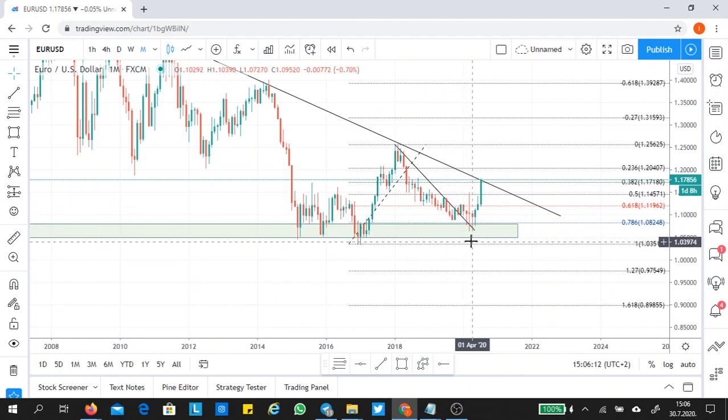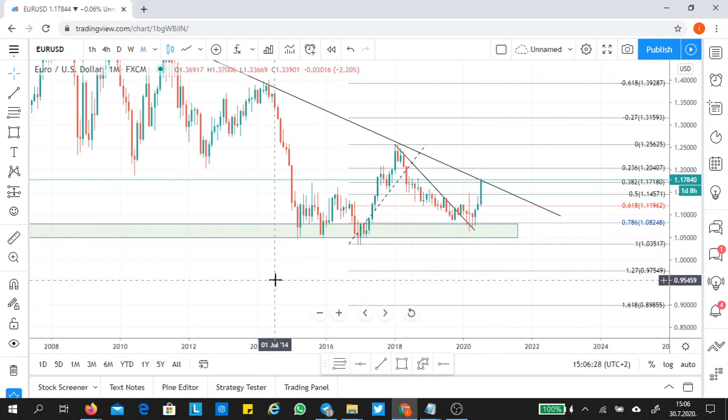Of course, that doesn't mean that you're going to take a long trade on the monthly chart, but you have to analyze the monthly chart, and then you will take your opportunity and scale in on a smaller time frame. But this is very important. You see how clear the picture here is. This is very important.